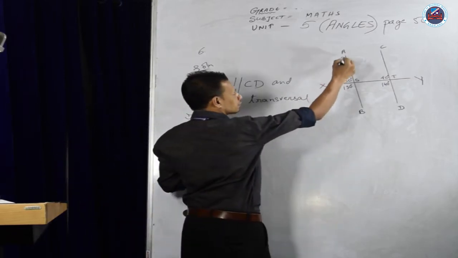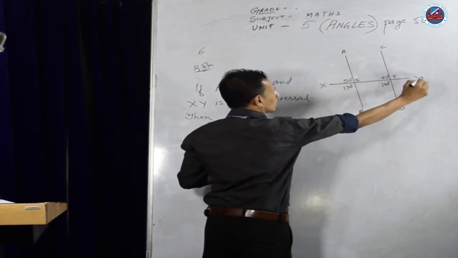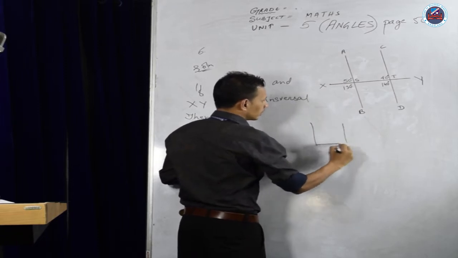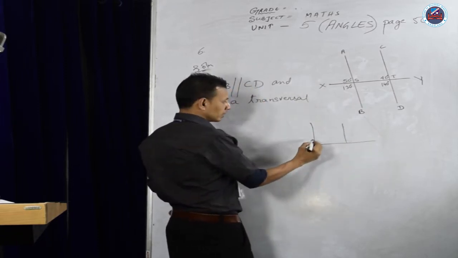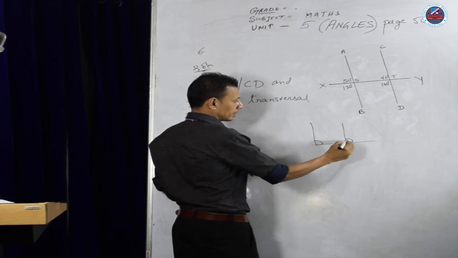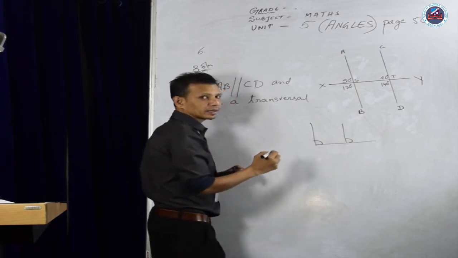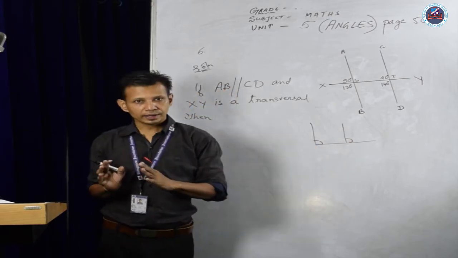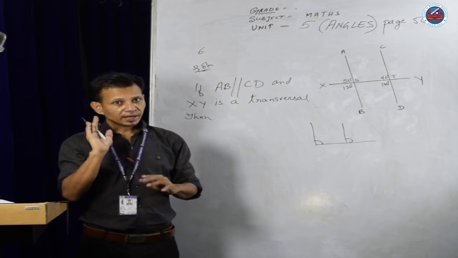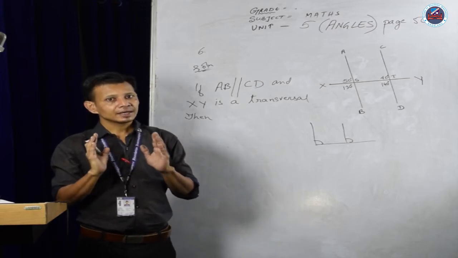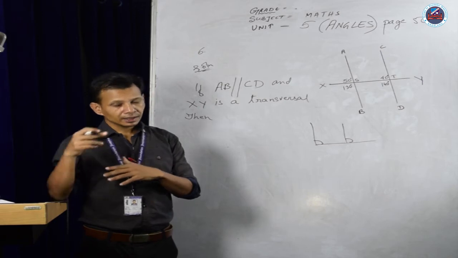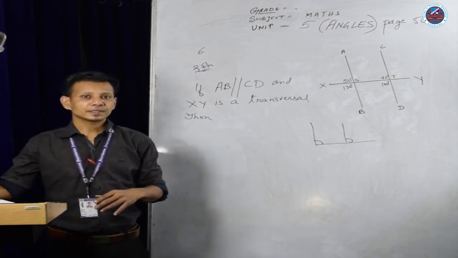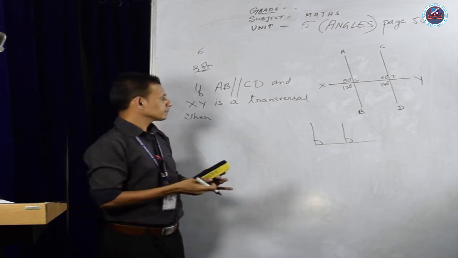You see that F, one long line, one F angle, they must be equal. These are called corresponding angles. I told you, to find corresponding angles, think of capital letter F. To find alternate angles, think of capital letter Z. Okay?